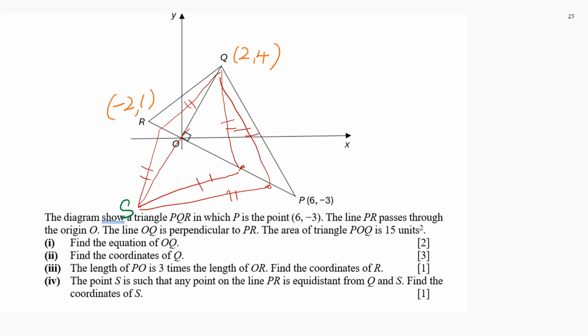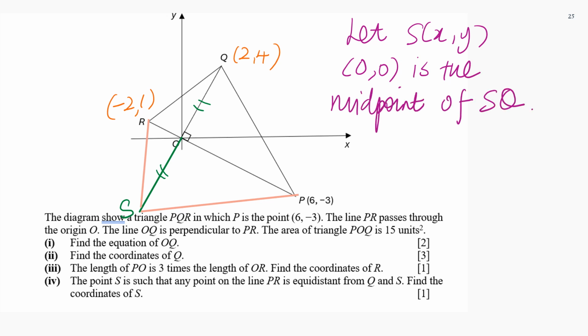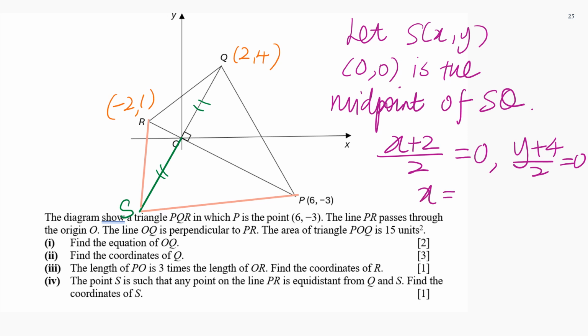So that makes O the midpoint of QS. So using the midpoint formula, your point S is (-2, -4).